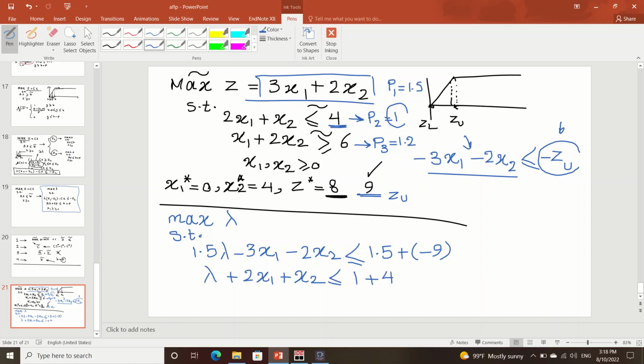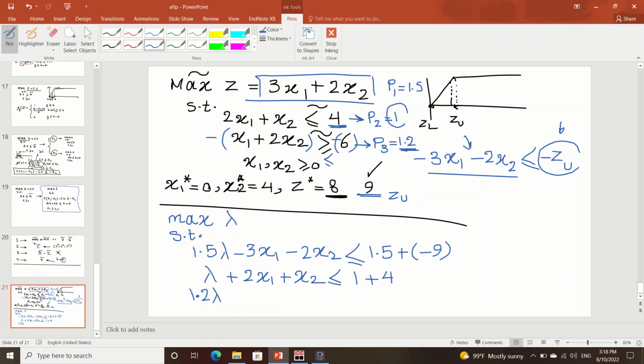For the last constraint, 1.2 multiply lambda, but you can change this inequality to the standard inequality with multiplying negative.